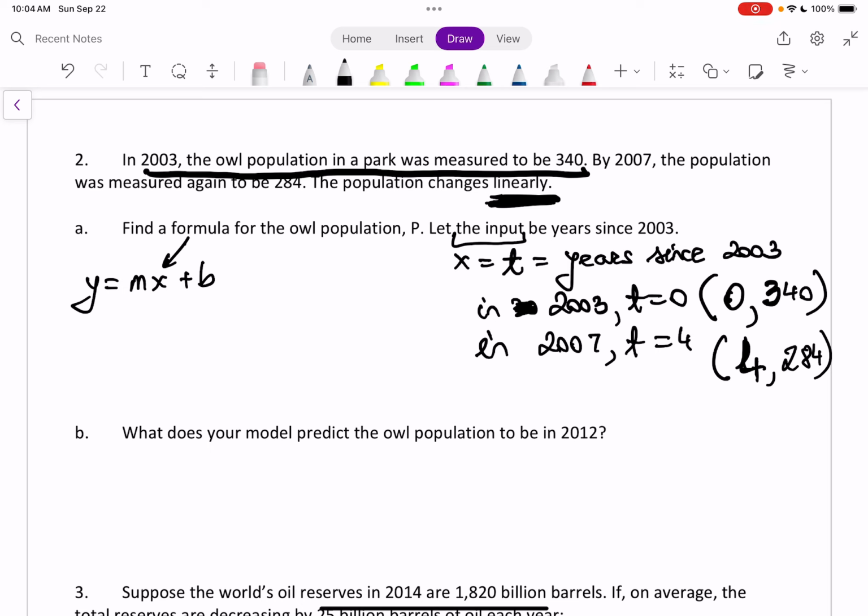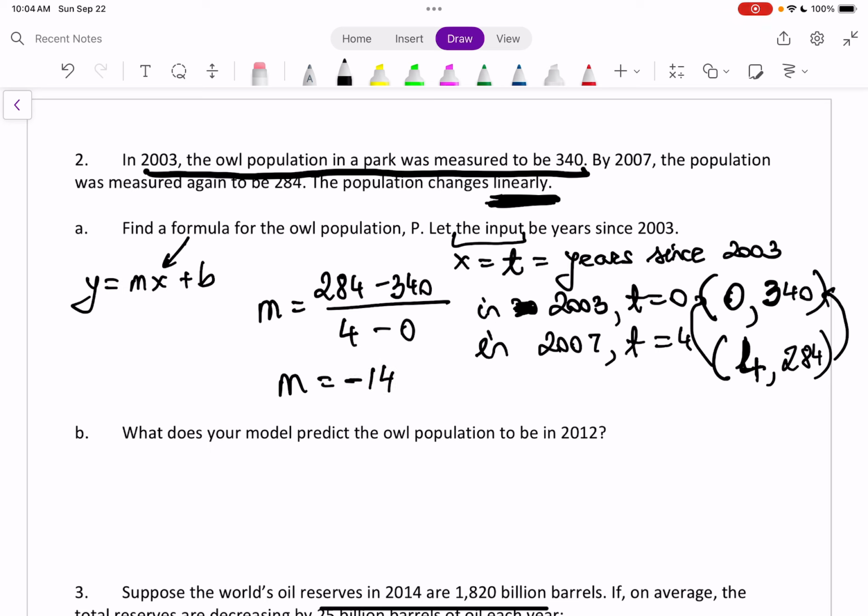Now, with 2 points, we always want to find the slope first. That's why we are given 2 different points. So 284 minus 340, over 4 minus 0. I'll put this in my calculator. And that would be negative 14.